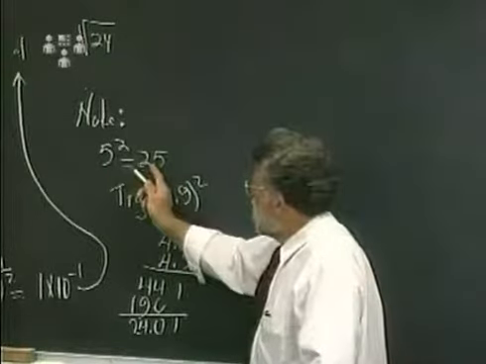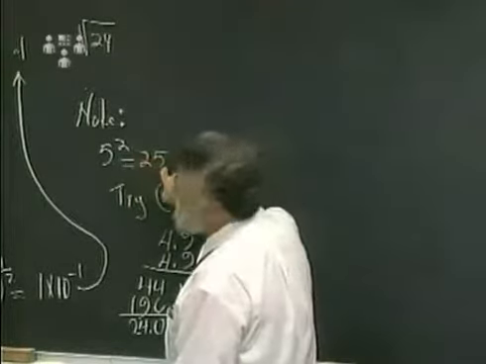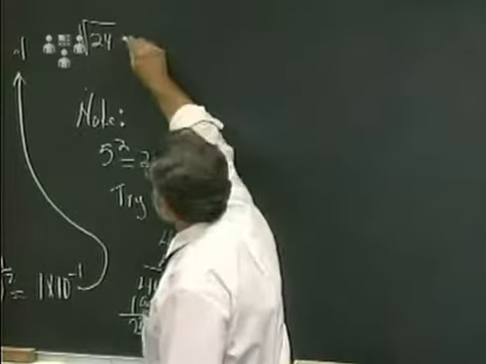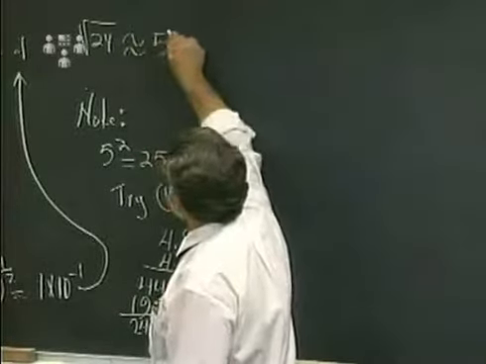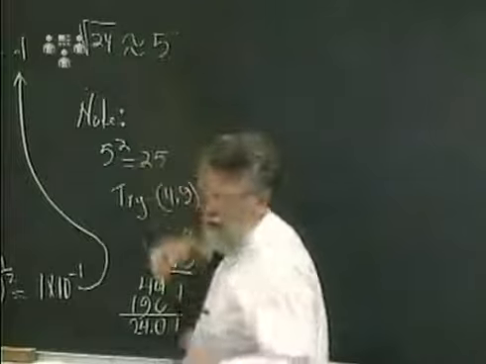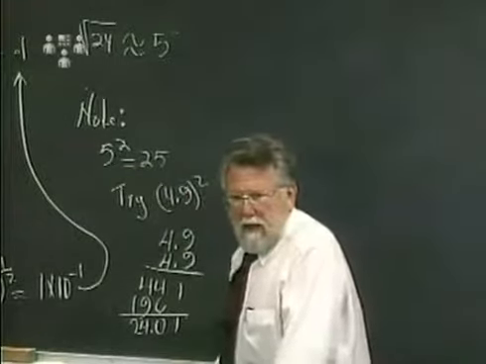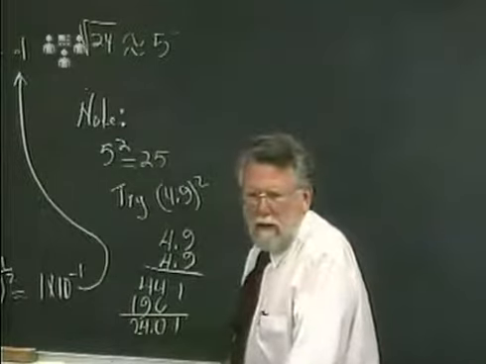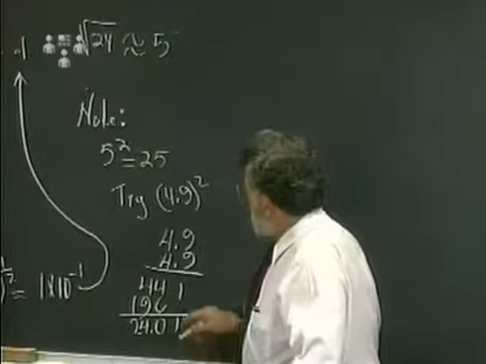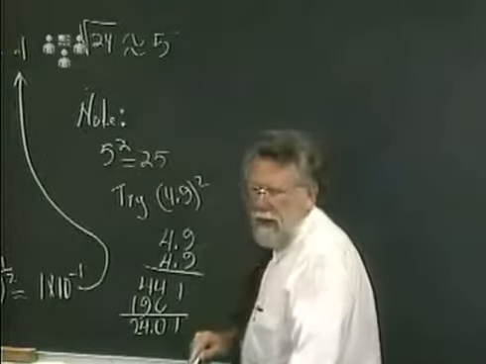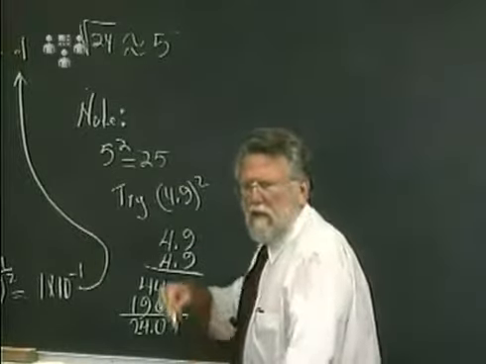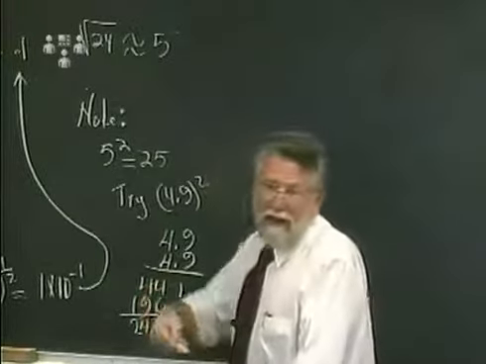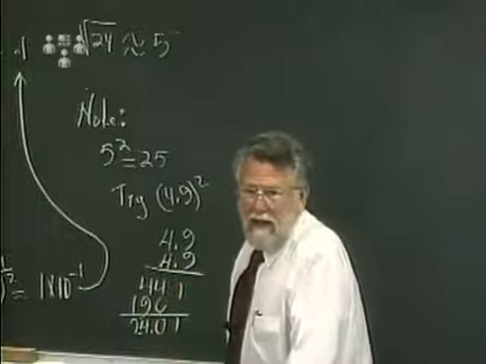It's under 5, so I'm saying this is approximately 5 with a little bit taken off. So I try 4.9, and I get 24.01. So I know it's smaller than 4.9. So 4.8, and then I try 4.89 or something like that.